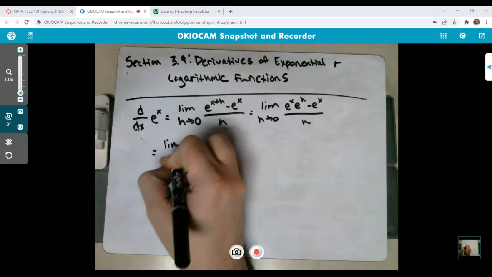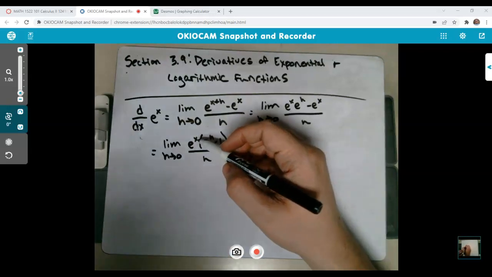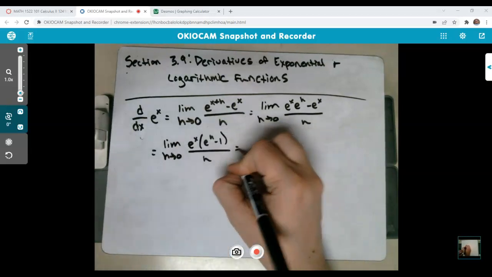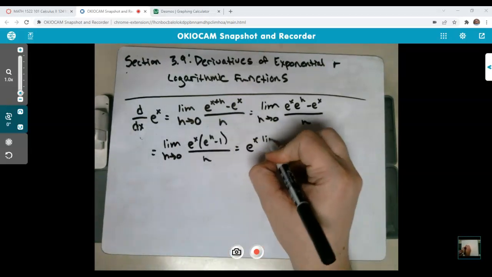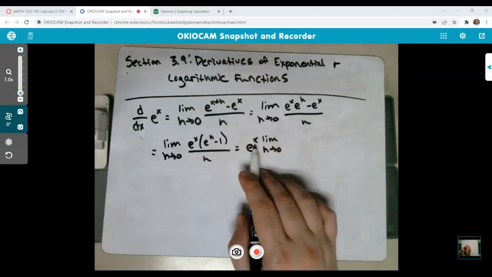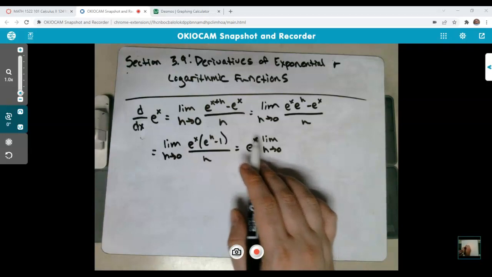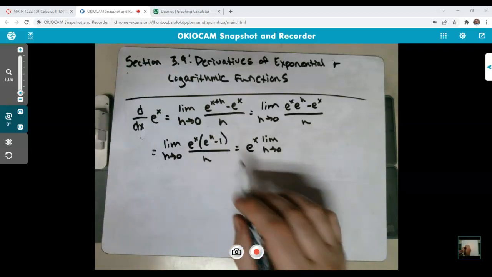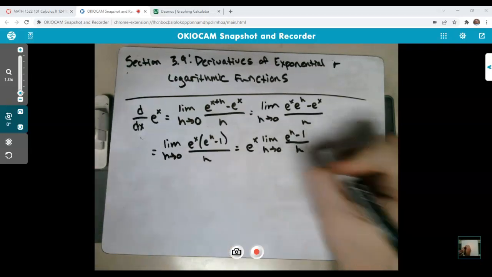But because I'm wanting this as h approaches 0, and this e to the x does not have an h, I can bring that out front. e to the x times the limit as h goes to 0, again because there's no h there, so I can just pull that out. And then we have e to the h minus 1 over h.